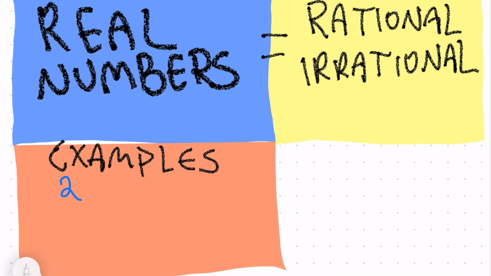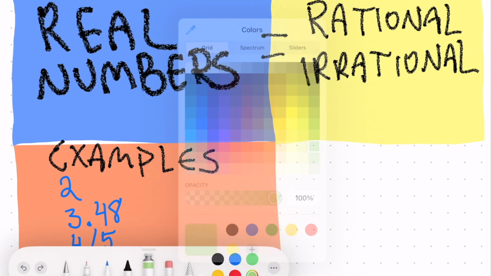The whole number 2 is a real number. The decimal 3.48 is a real number. The fraction 4/5 is a real number. And even pi is also an example of a real number.